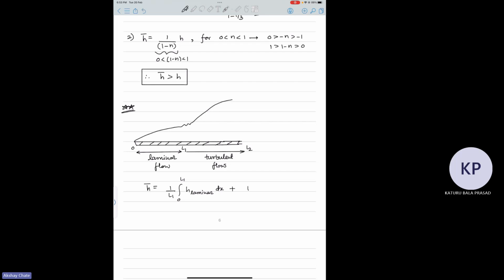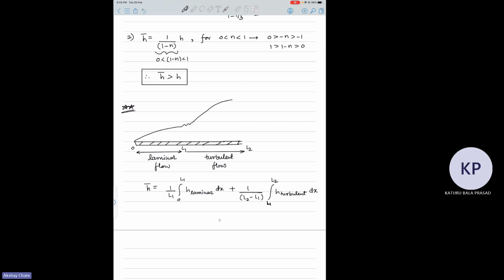Then for the remaining length, L2 minus L1, where the flow is in the turbulent regime, you integrate from L1 to L2 using the turbulent heat transfer coefficient relation.